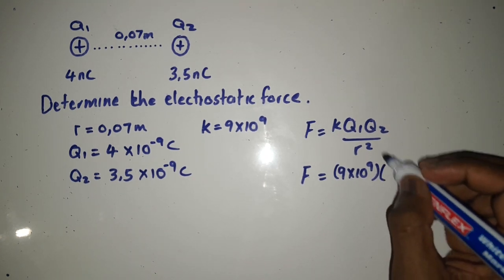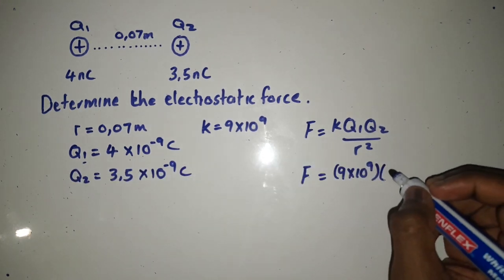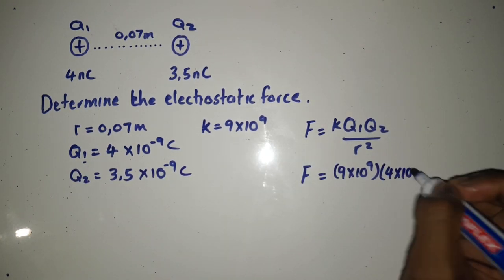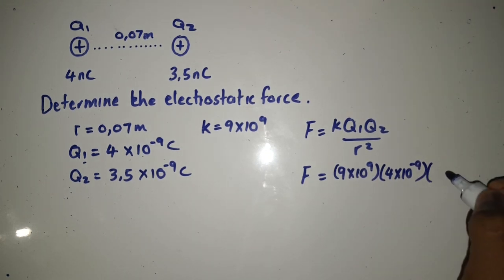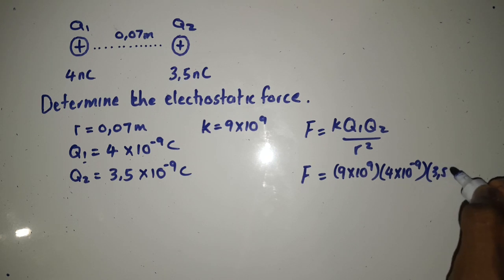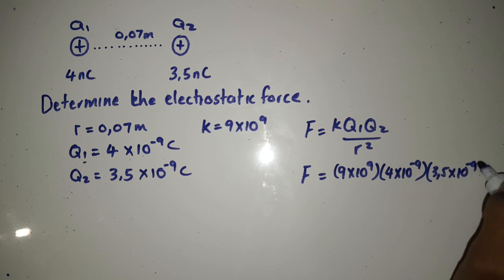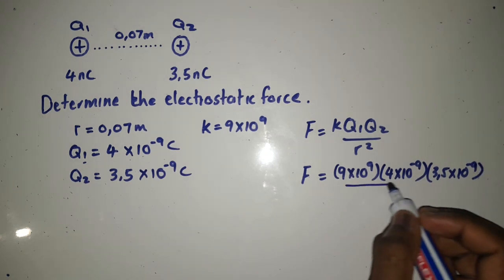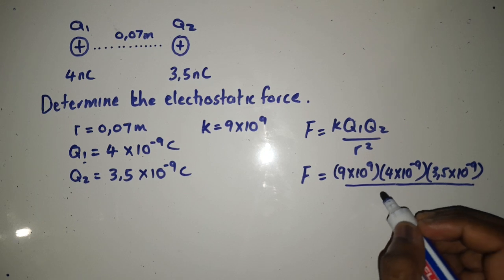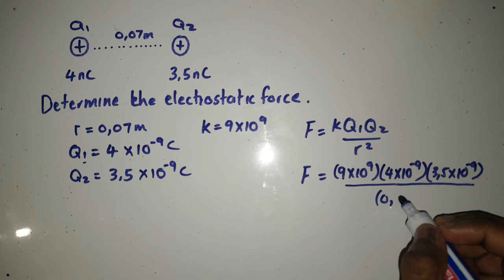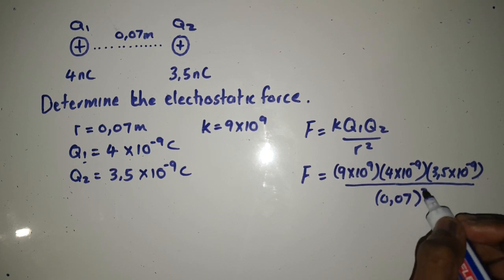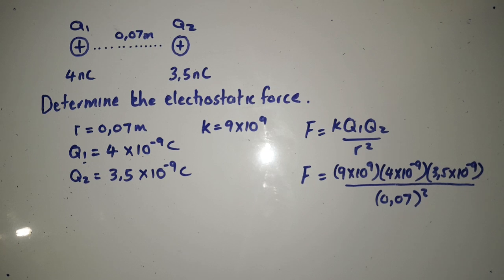K, we have now Q1, which is 4 times 10 to the power of minus 9. Then our Q2, which is 3.5 times 10 to the power of minus 9. We close. Then we divide everything by 0.07 squared. Then let us take our calculator and try to figure it out.